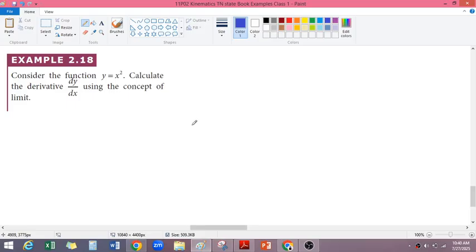Consider the function y equals x square, which looks like a parabola.